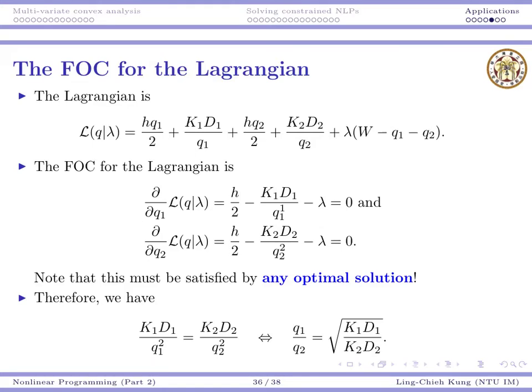So this is very good. This tells us that Q1 and Q2, for them to be optimal, must have a linear relationship, and the slope or the ratio is determined by K1 D1 and K2 D2. Of course, if we assume h are different, then h will enter somewhere here, and the format may become more complicated.